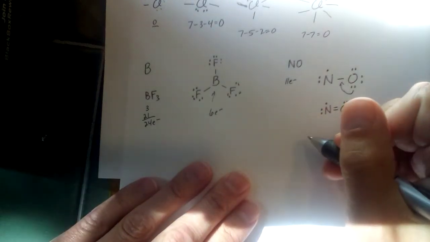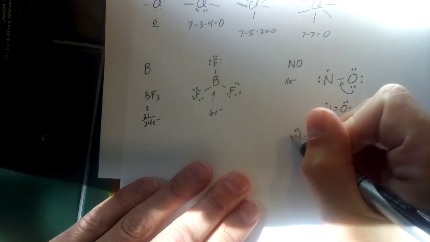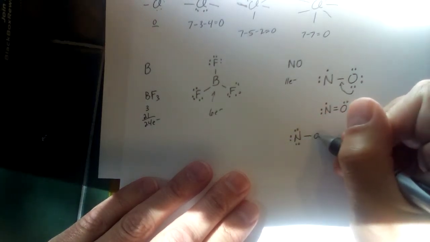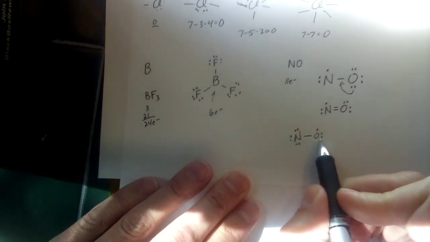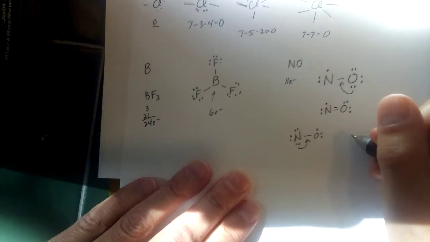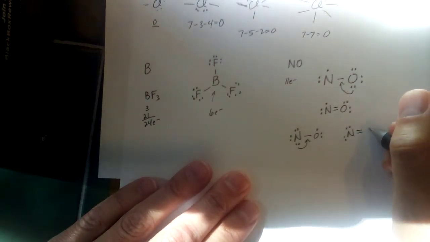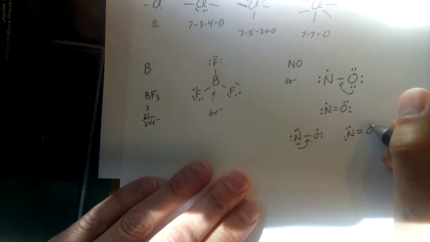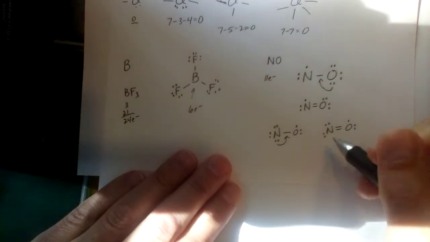Now, just to verify, we might try, what if I reversed here and I put the even number on nitrogen and the odd number on oxygen? Where does that get me? Octet here, not here. Is that just as good as the other structure or not?